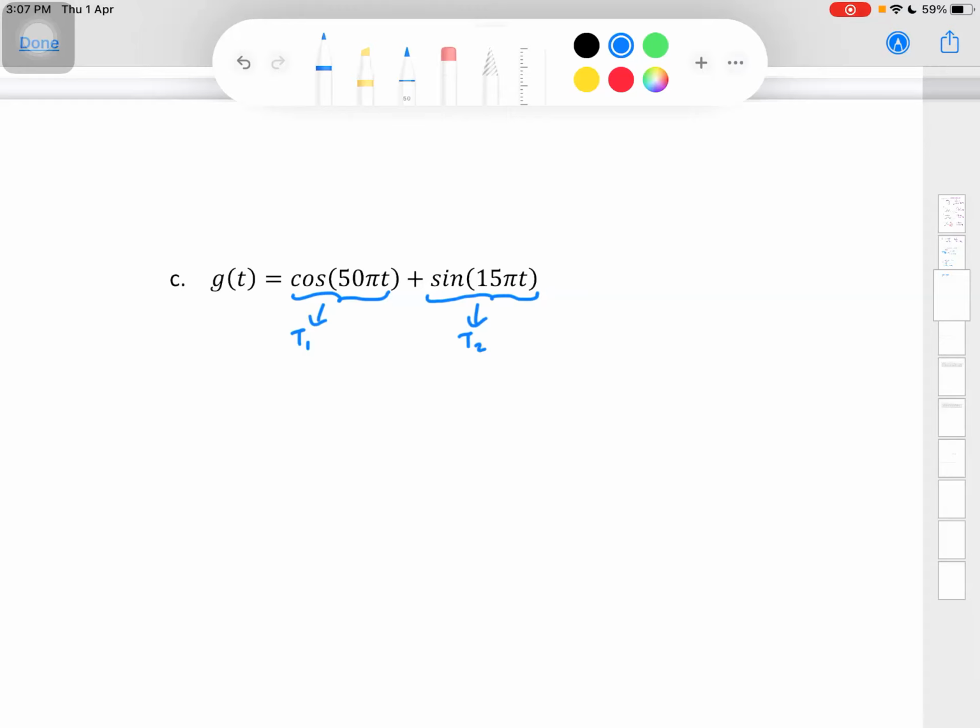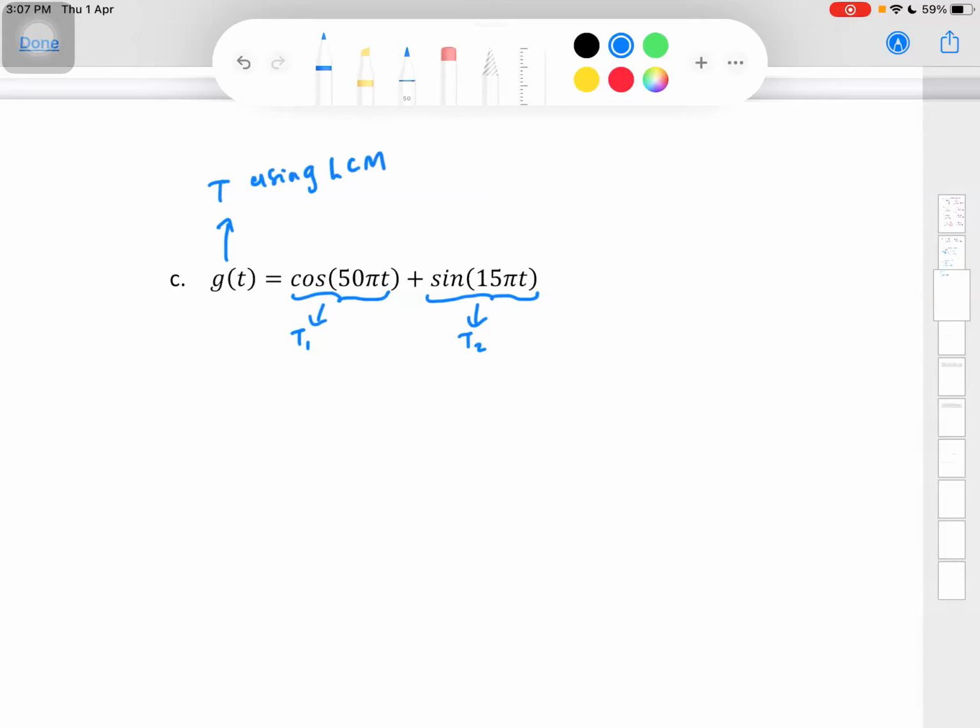Then once we get that, we can determine the fundamental period of this resultant signal, g of t, using a method called least common multiple.